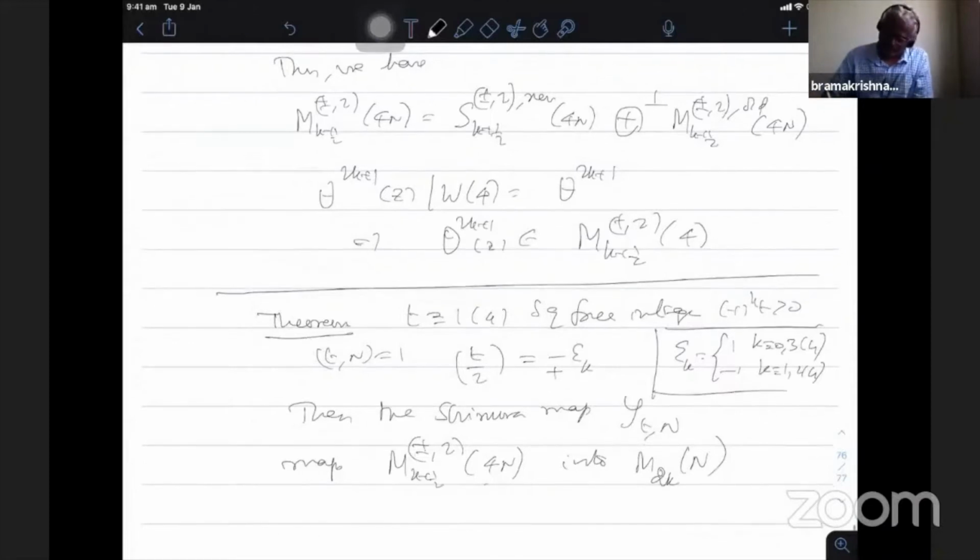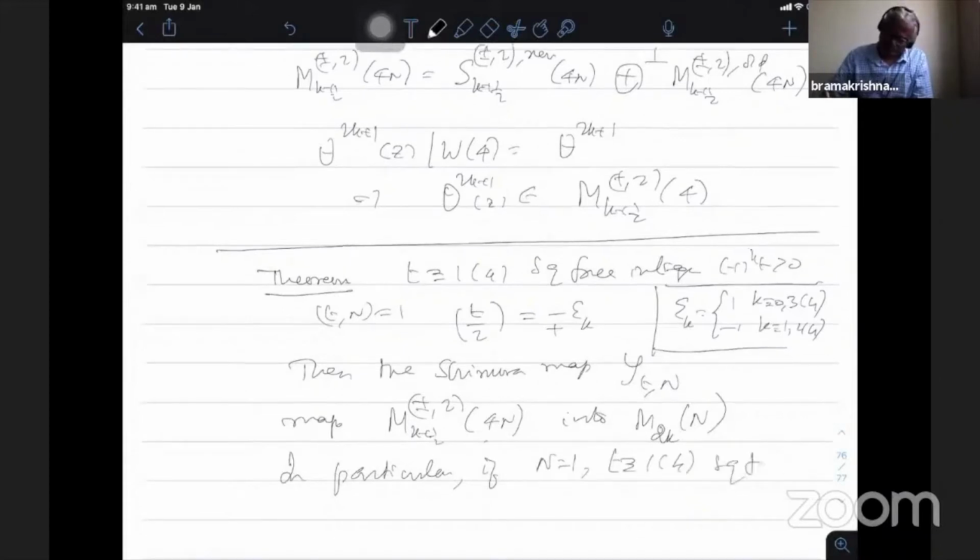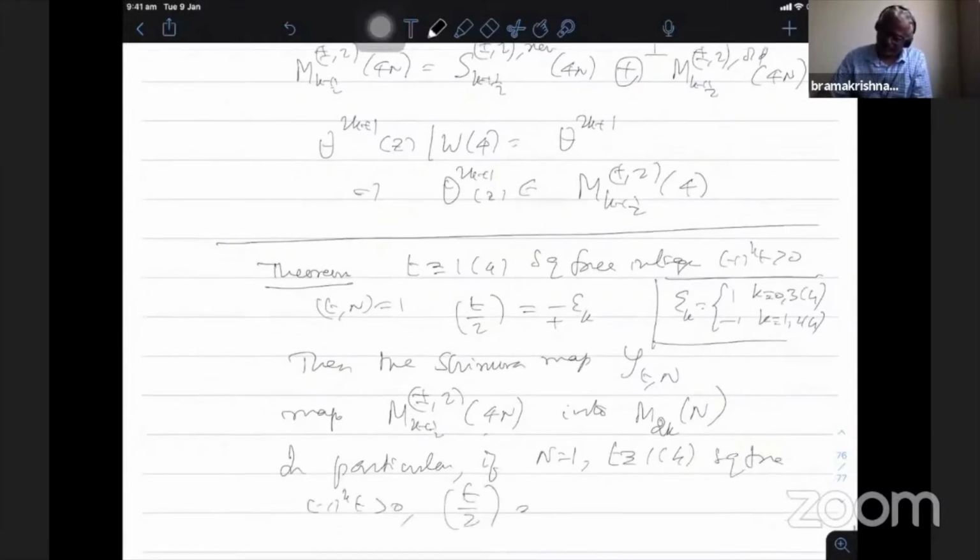In particular, if N equal to 1, p congruent to 1 mod 4, t square free with (-1)^k t positive, and (t/2): since theta^{2k} is in the plus space, I have to take minus epsilon_k.